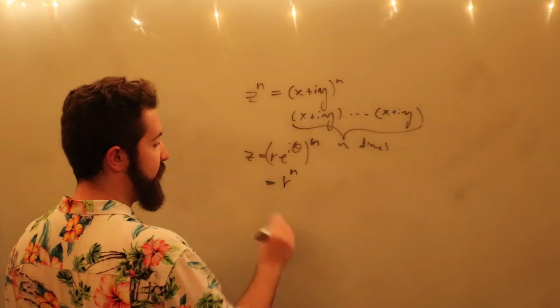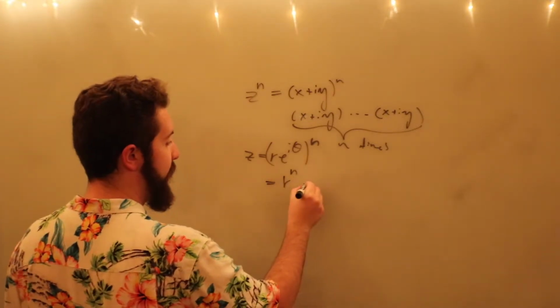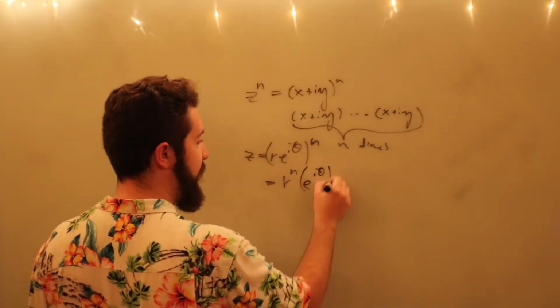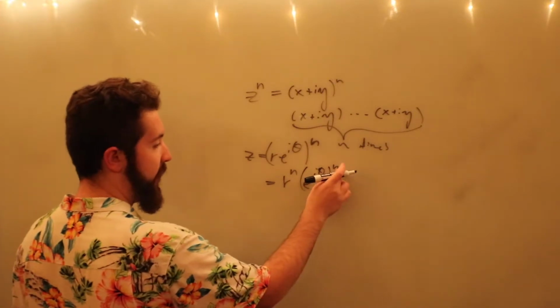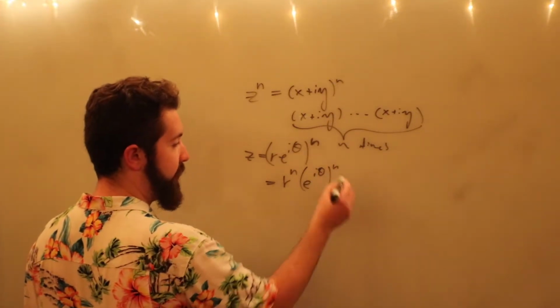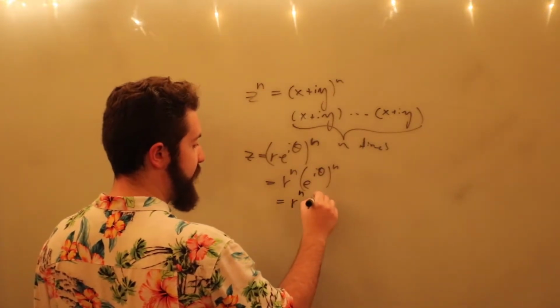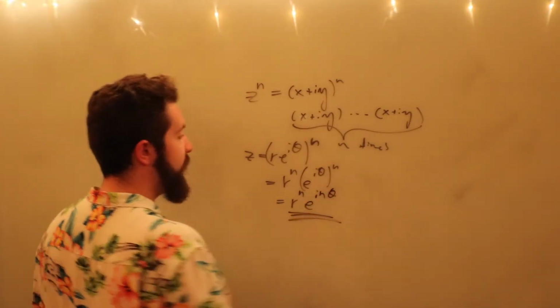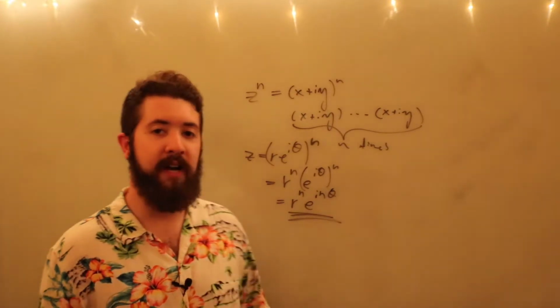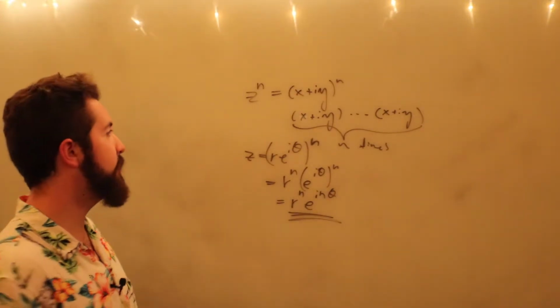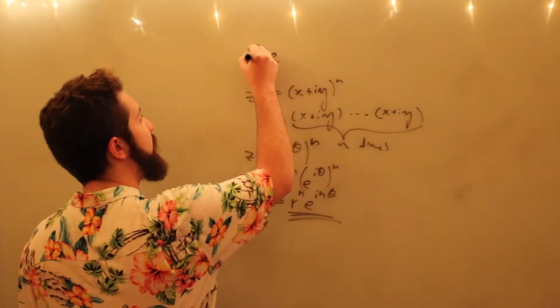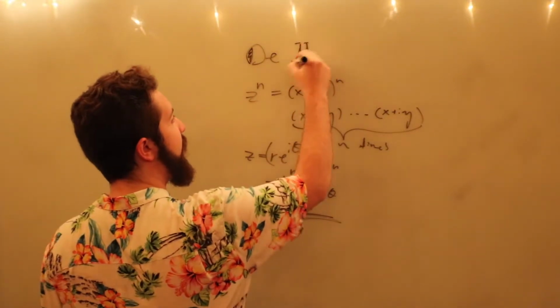This turns out to be just r to the n times e to the i theta to the n, and then this is just going to be e to the i n theta. You multiply exponents, equals r to the n times e to the i n theta. This whole business right here is called De Moivre's theorem. I don't know if I'm actually saying that right, but I also don't care.